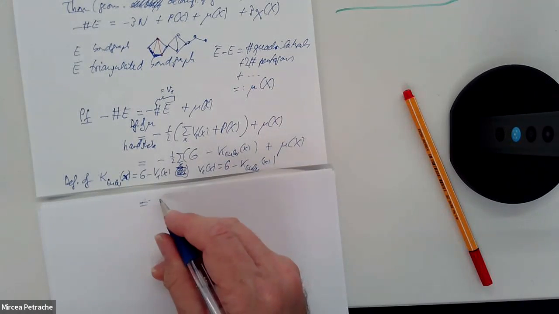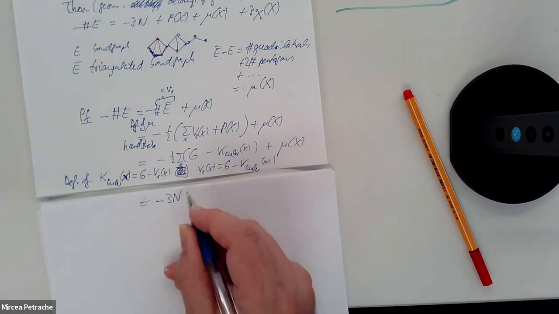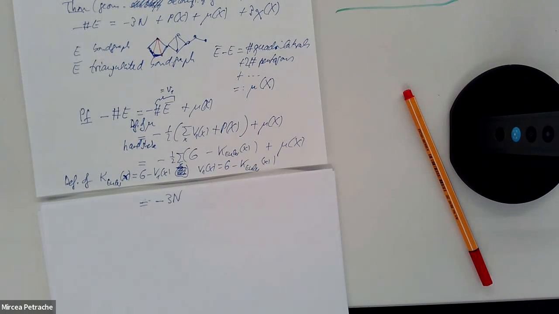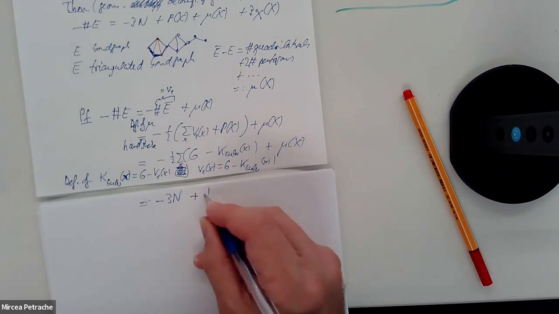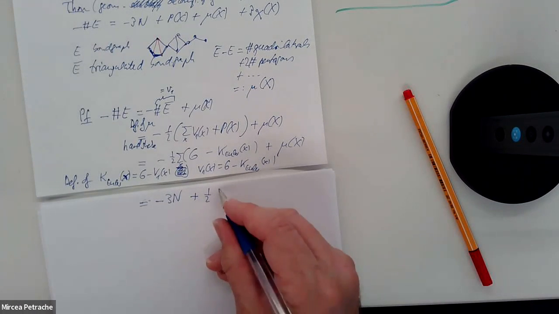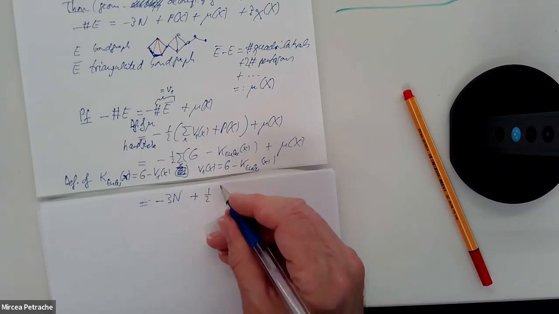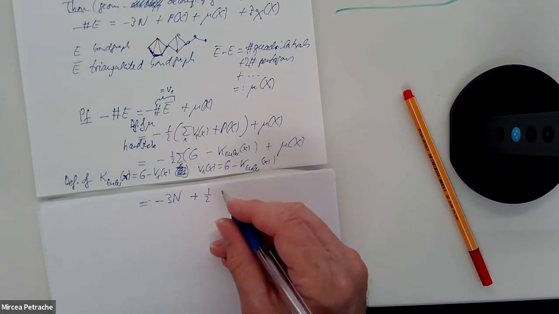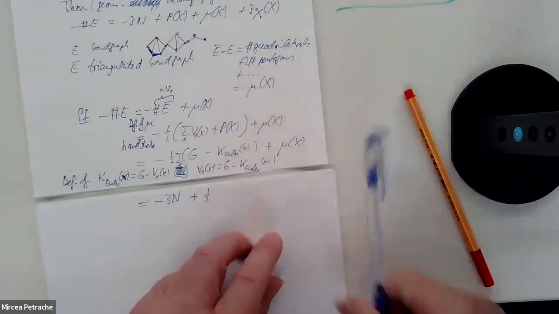So that gives me already a nice term in front. It's minus 6 halves, so minus 3n in front from the constant term. Then I get plus a half sum over x of the Euler curvature of x.